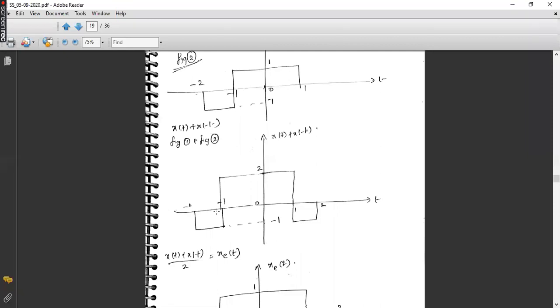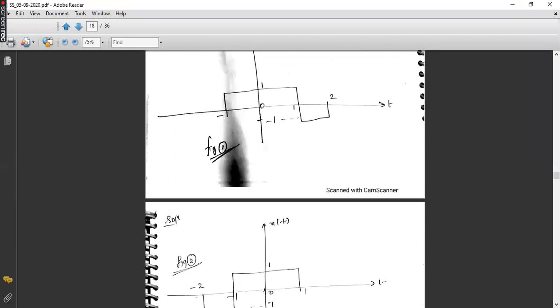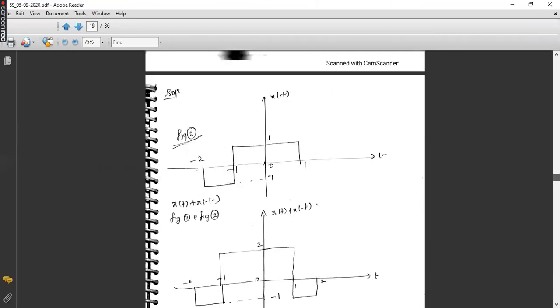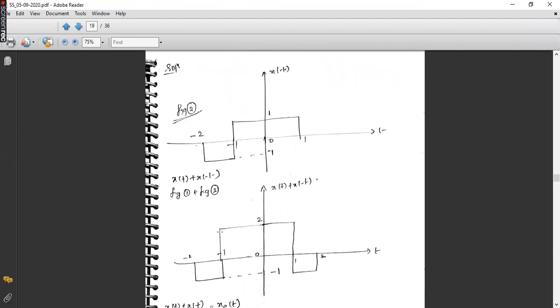Now coming to the next interval, -1 to 0. Coming back to x of t, from -1 to 0, you have 1 over here. And from -1 to 0, here also you have 1. So 1 plus 1 will become 2. So you are going to plot a signal which becomes constant at 2. So this is at 2 during the time interval -1 to 0.